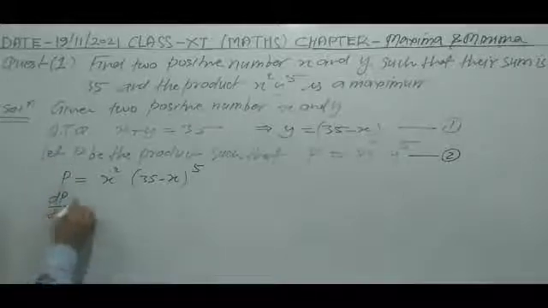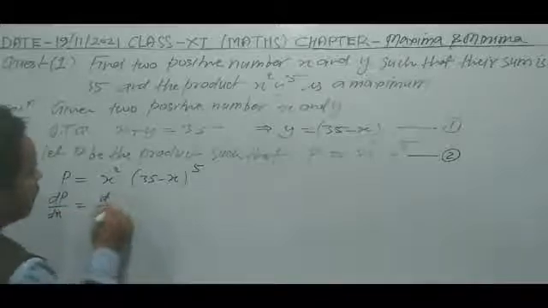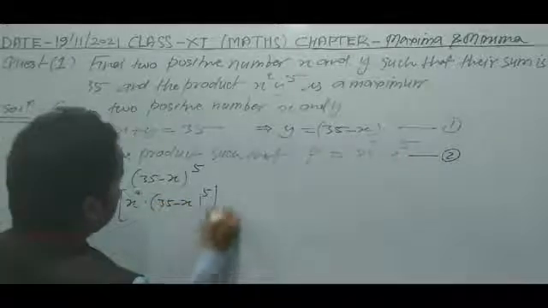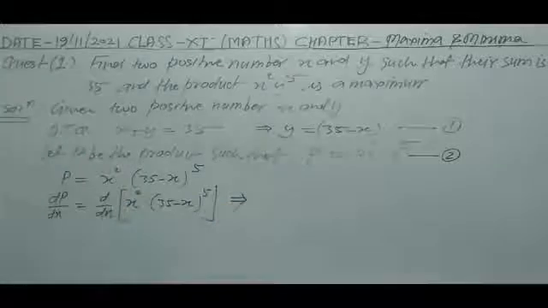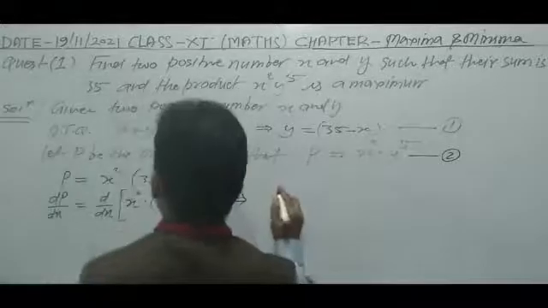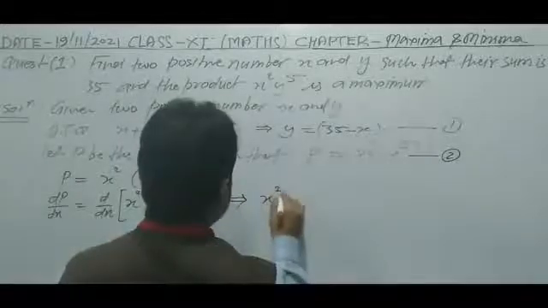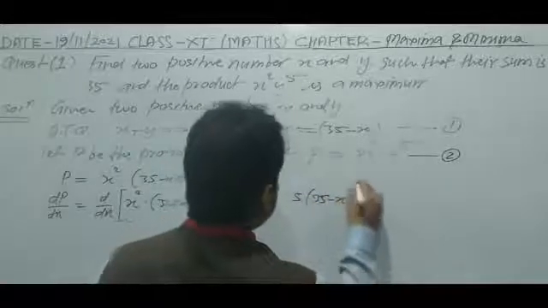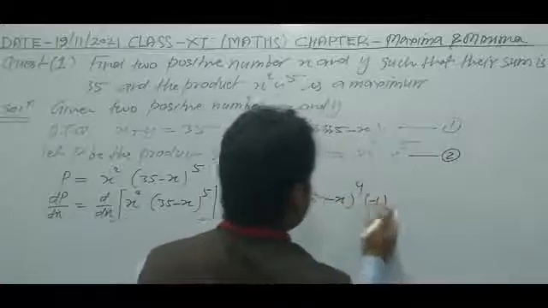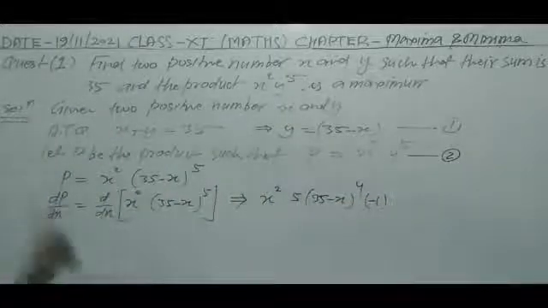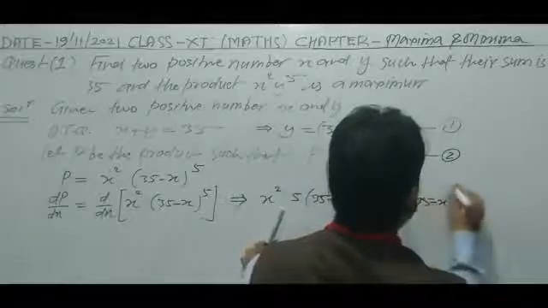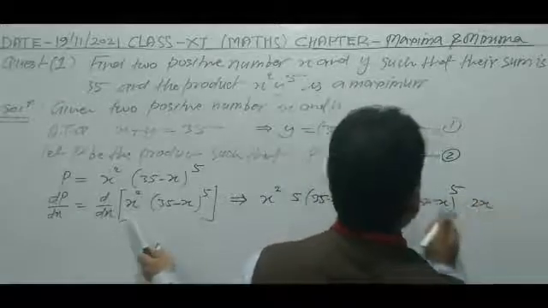So dP by dx will be d by dx of x square into (35 minus x) power 5. Now it's a differentiation: first function into derivative of second function, means 5 times (35 minus x) power 4 into minus 1, plus second function, means (35 minus x) power 5, into derivative of the first, 2x.